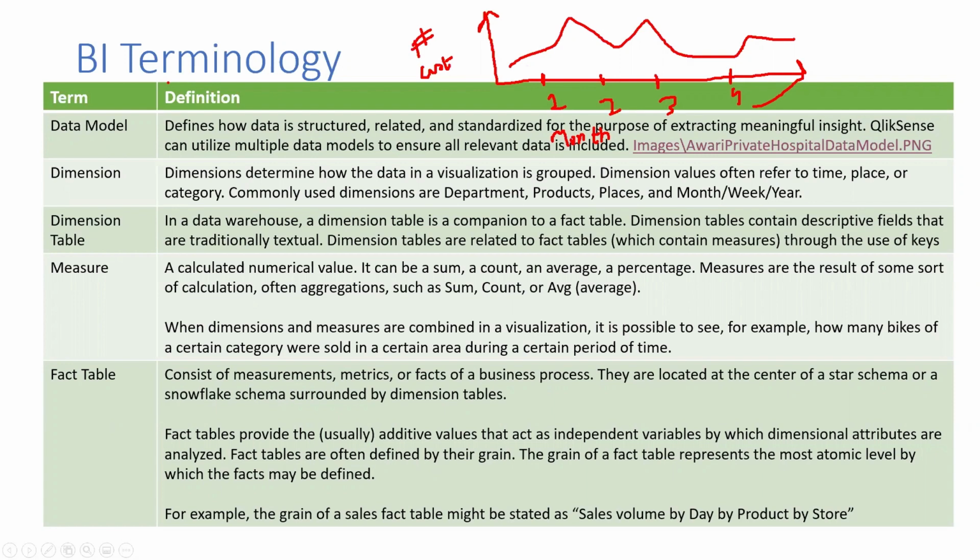A measure is a variable on which you will apply aggregation, like max, min, count, and usually it's numerical data. Your typical dimension is categorical data, and your measure is typically numerical data.